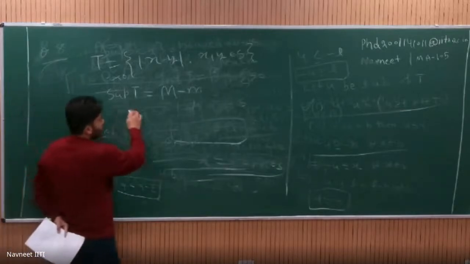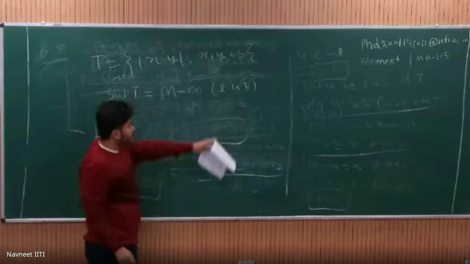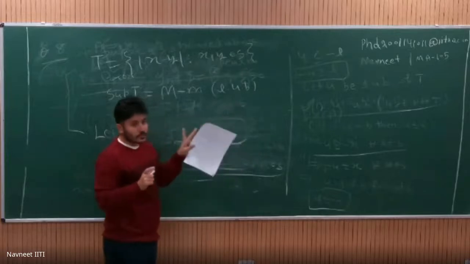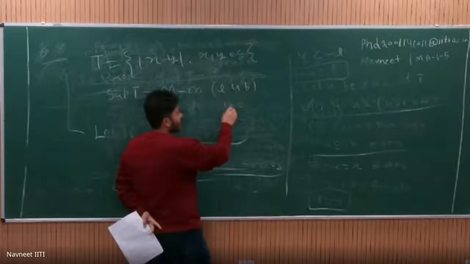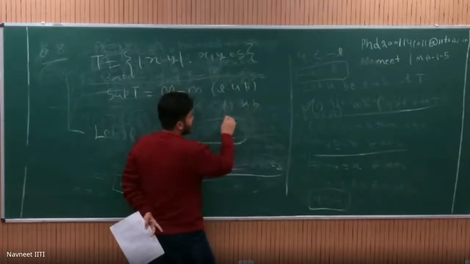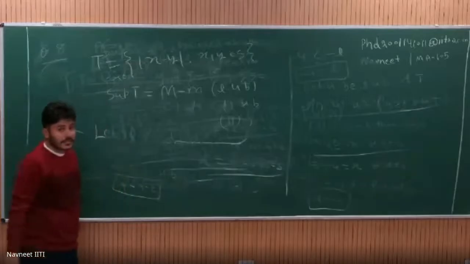Okay, supremum means what? Least upper bound. And least upper bound means we have two properties. Which properties? First, it must be an upper bound, and second, it is less than or equal to all other upper bounds.